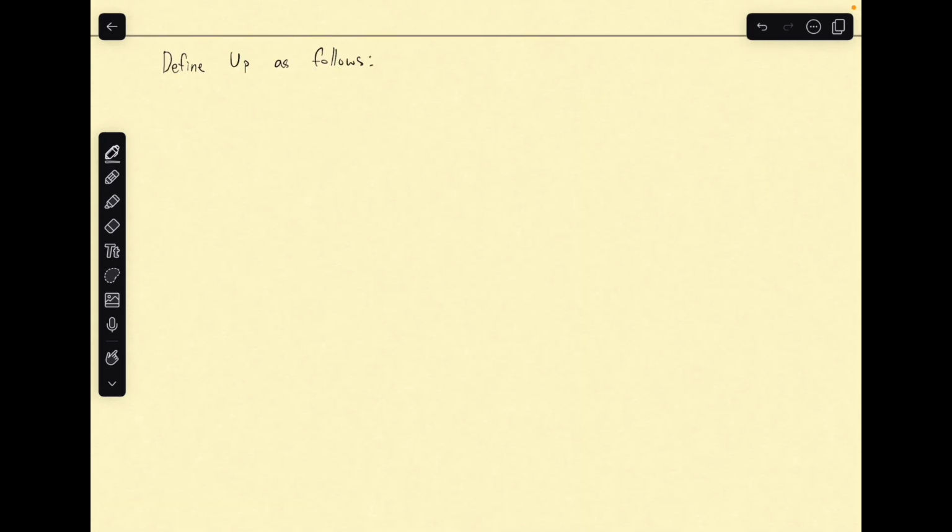So let's begin. We're going to start by defining these open sets U of P. And in order to do this, we want to make use of this equivalent definition of a space being normal.